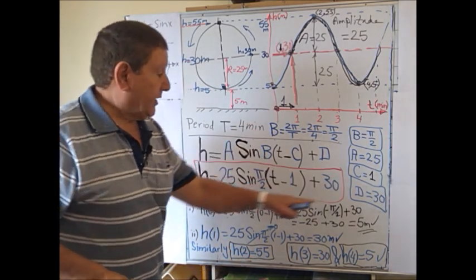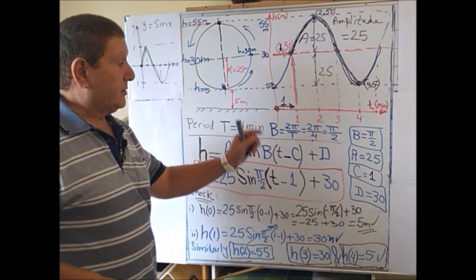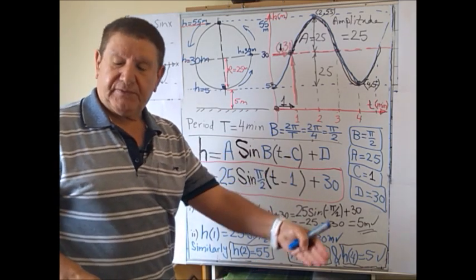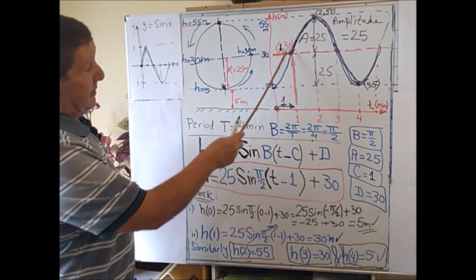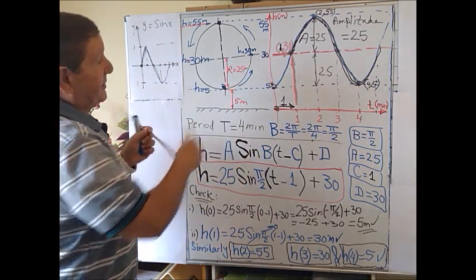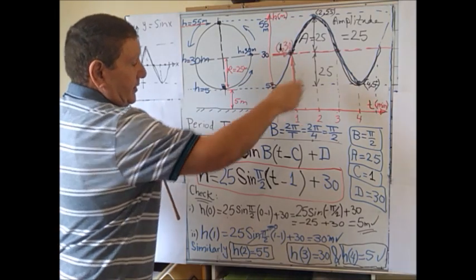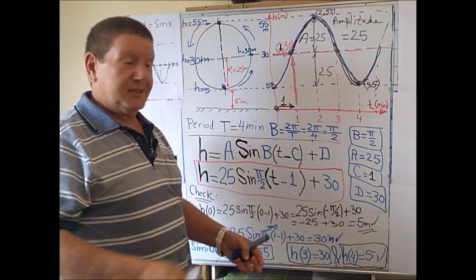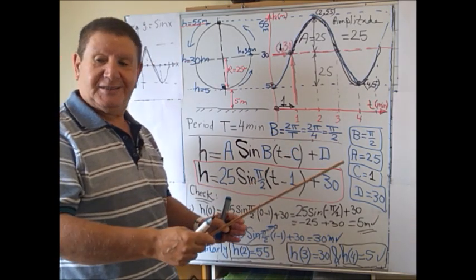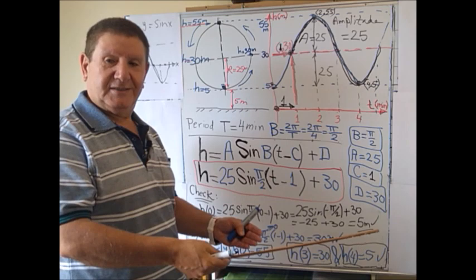So C is 1, and we put negative because if it moves to the right, we put negative. If the shift was to this side, if it started from here, then we put plus. So remember this: if the shift is to the right, we write minus.